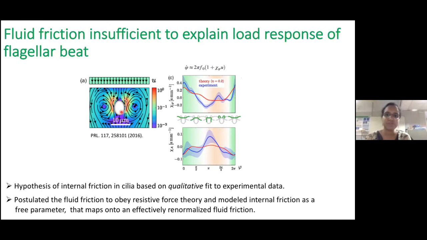So what we wanted to do was to study the mechanochemistry of motors alone. In a sense, we wanted to look at how this motor filament assembly behaves regardless of the other biochemical pathways that are taking place inside the cell.